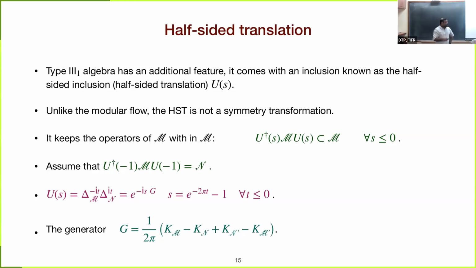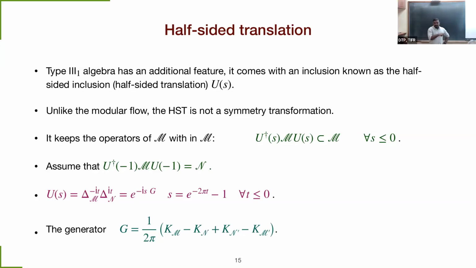Earlier you said N should have some suitable property that I haven't mentioned here, which is also in the definition of half-sided translation. Yes, it is within the definition if all those things are satisfied. For example, you take subalgebra M and act with the modular flow of the algebra M. Then for a certain parameter range, N should be shrunk. So there are certain conditions that have to be satisfied.